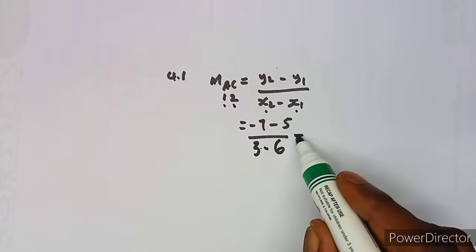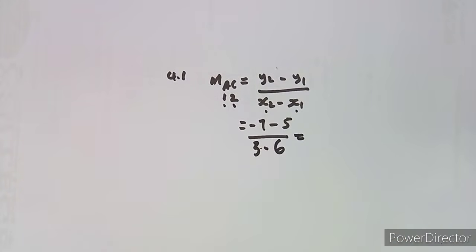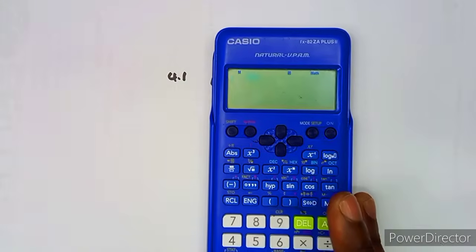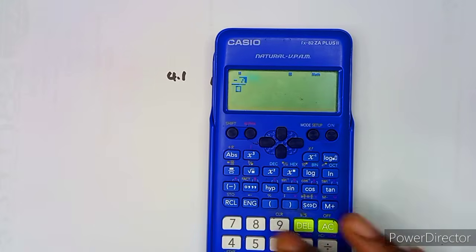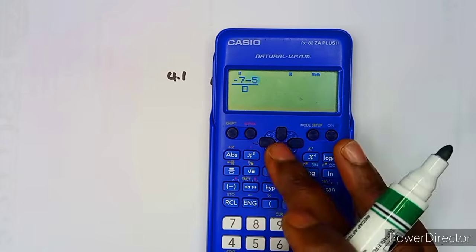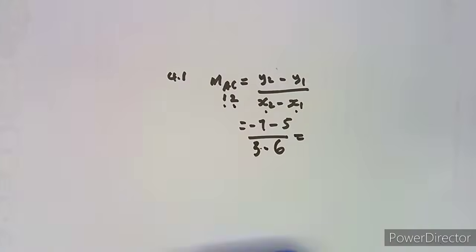From this formula, if we simplify, it's a fraction: minus 7 minus 5 over 3 minus 6.